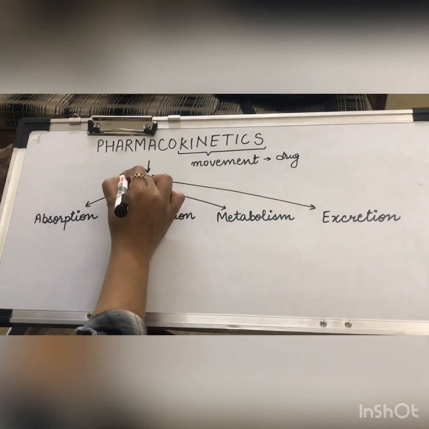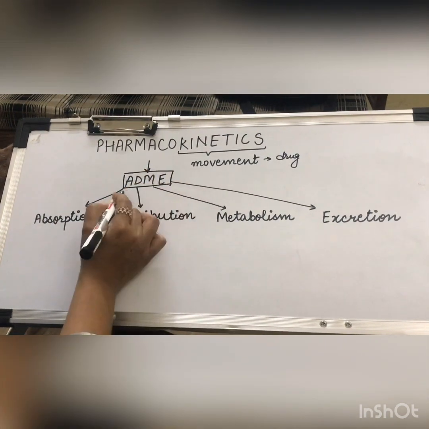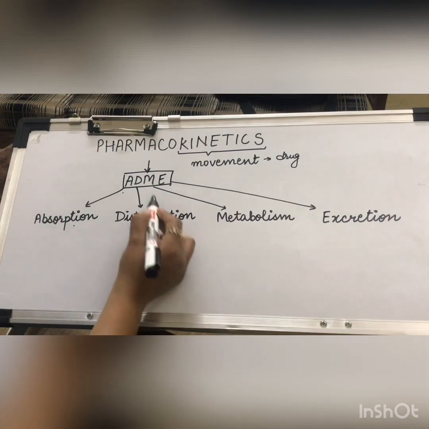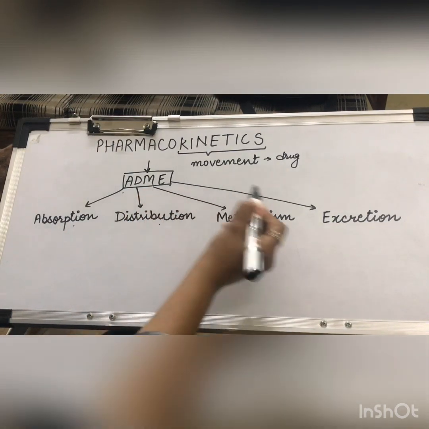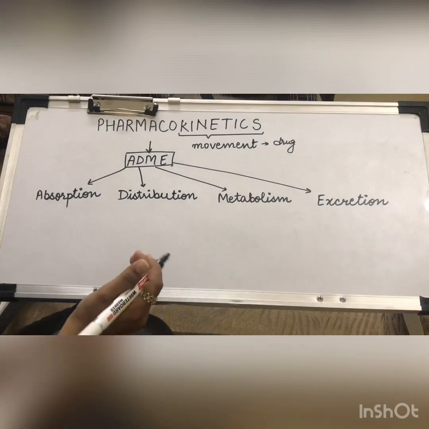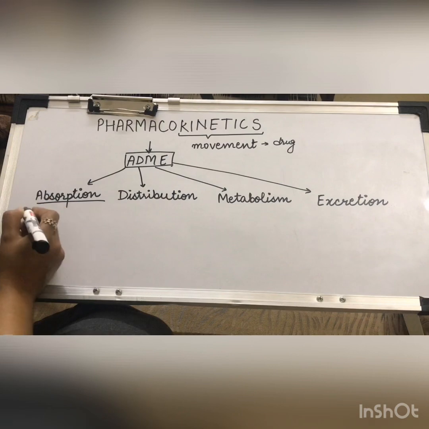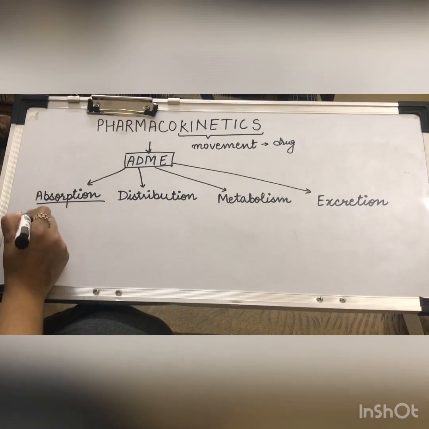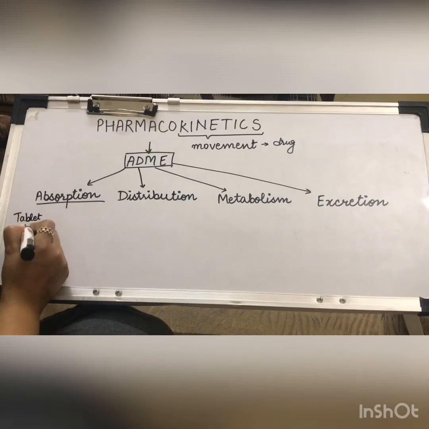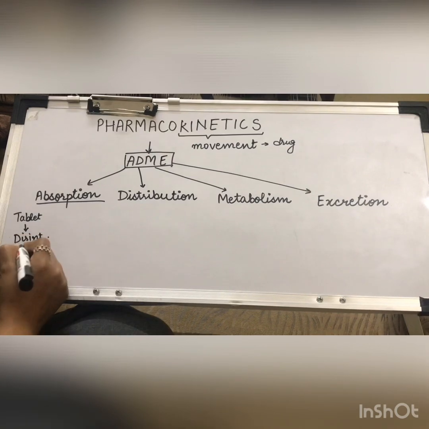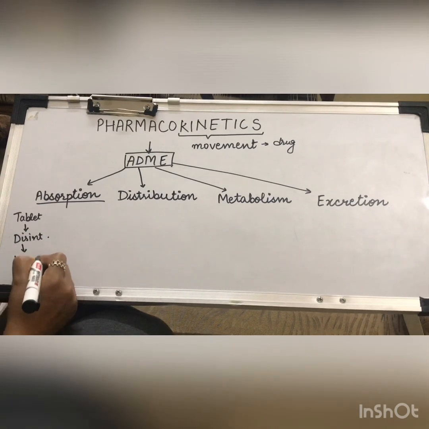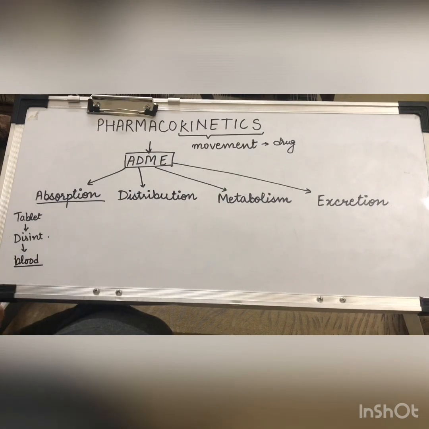Now there are four main things which are going to happen once we are taking a drug. That is known as ADME, or absorption, distribution, metabolism, excretion. Now what is absorption? Absorption is when you are taking your drug. For example, if we are taking a tablet, it is going to disintegrate and it is going to be absorbed into the bloodstream or the systemic circulation.